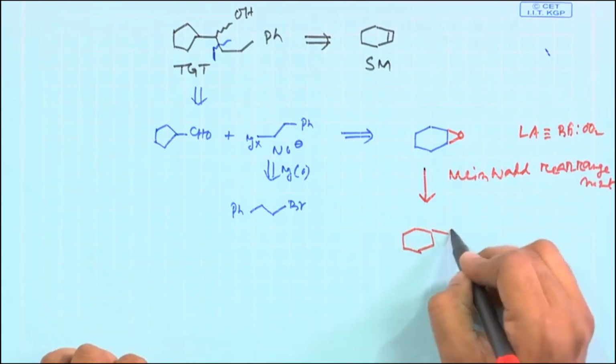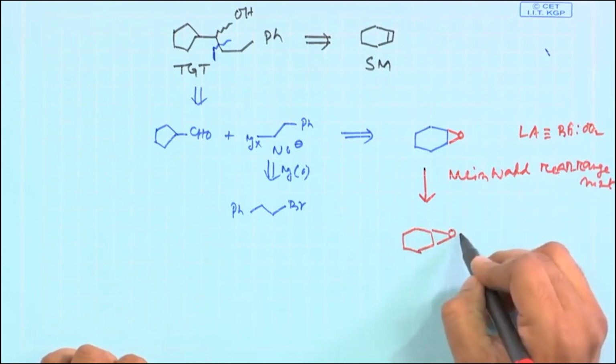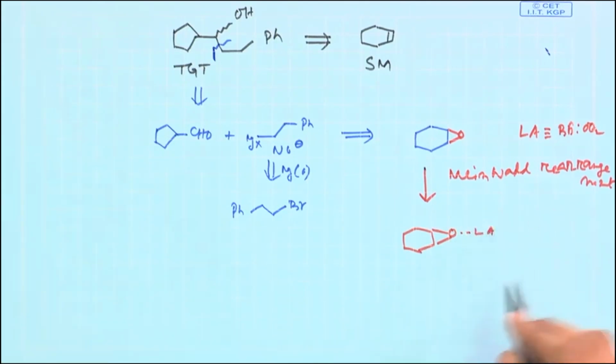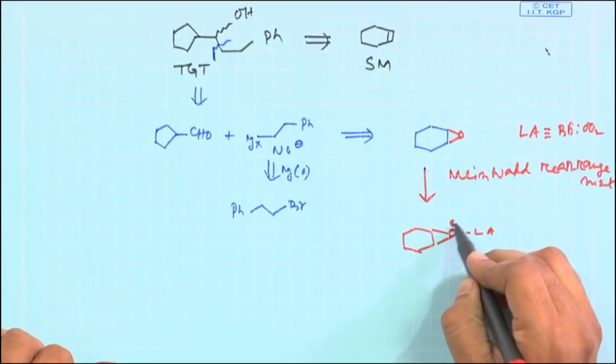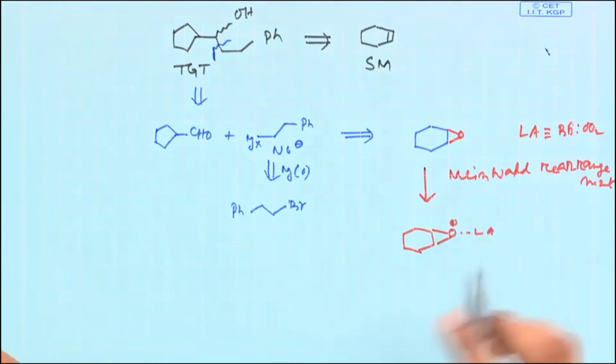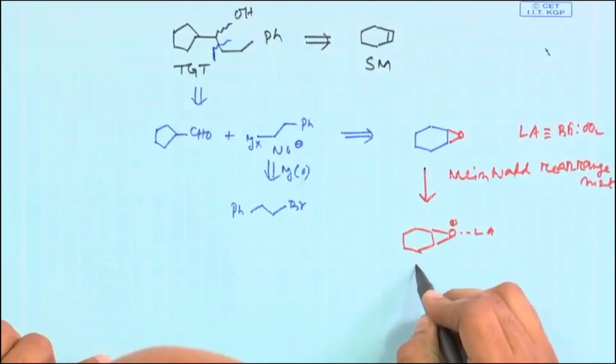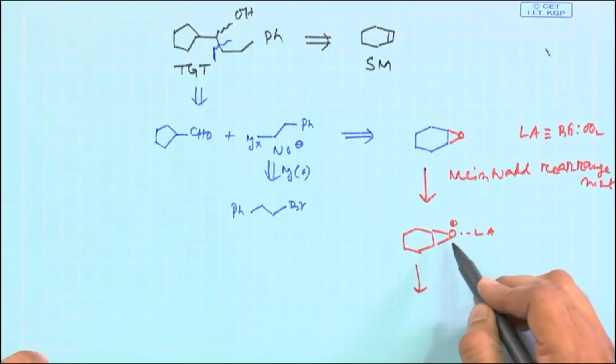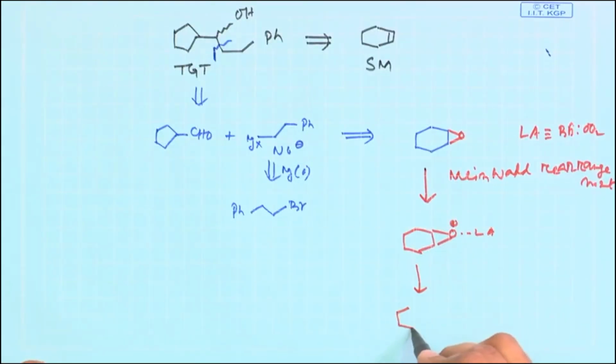Now, the Lewis acid will try to coordinate with these things, and once it coordinates, these carbon-oxygen bonds are loosened up. It is a symmetrical epoxide, so it will try to open up and give you a carbonium ion here.